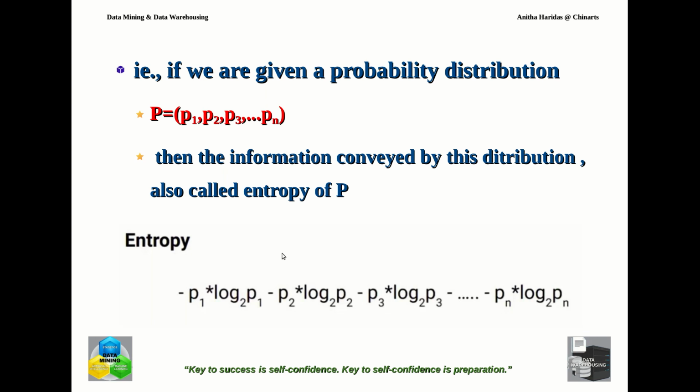So if we have a probability distribution, then the entropy value is nothing but how much information is conveyed by this particular distribution. Using this base only, we are going to calculate what will be the information gain if a set of records is partitioned on a particular attribute.